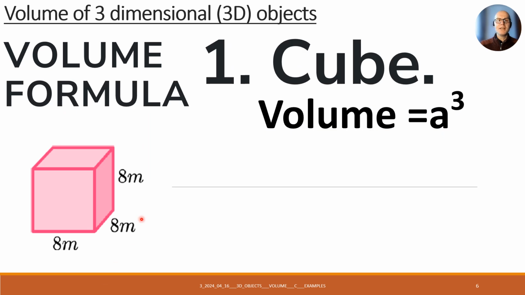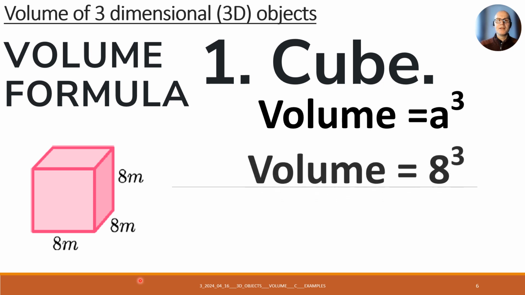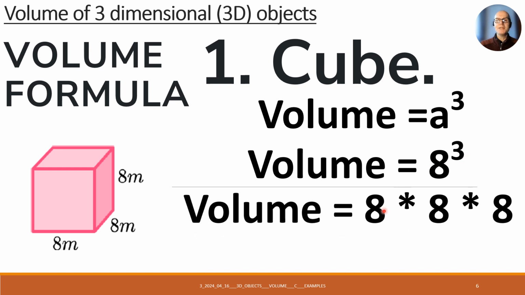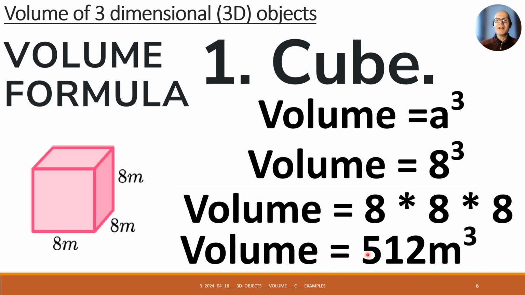Let's substitute these numbers into this formula. So the volume will be 8 cubed. 8 cubed is 8 times 8 times 8, which is 512. And remember, the units are cubic meters, or meters cubed.